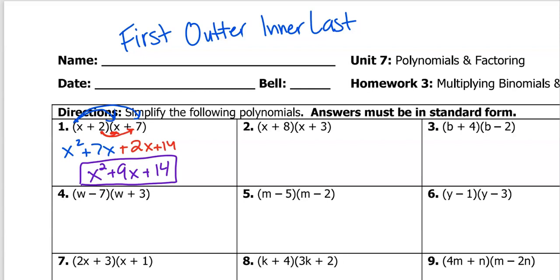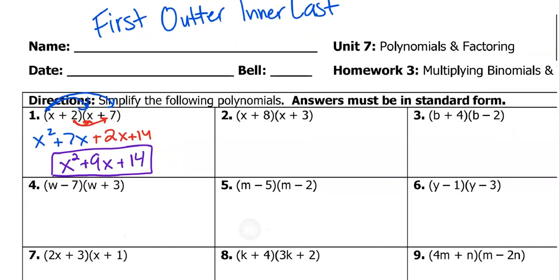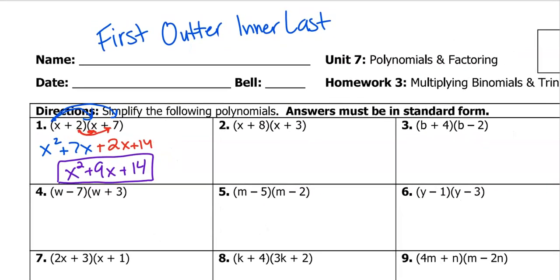So we have x plus 8 times x plus 3. Distribute your x to x and 3, and then distribute your 8 to x and 3. All right, Natalie, what'd you get for number 2?